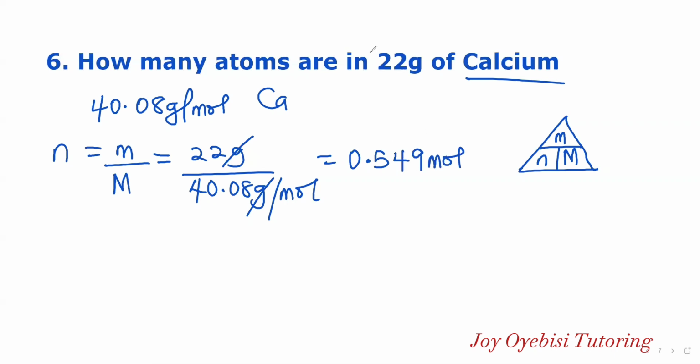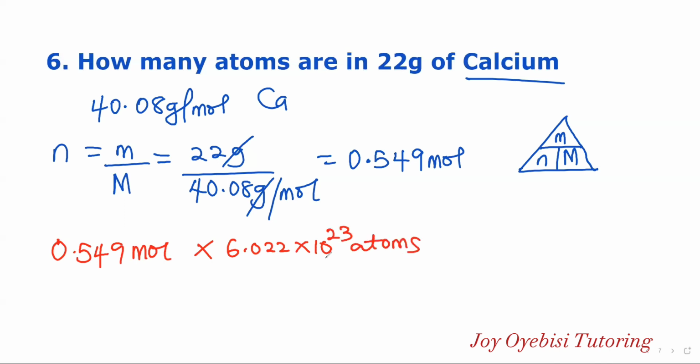Now I have my moles, and I'm going to start with the moles. 0.549 moles. Since I'm looking for atoms, I'm going to multiply this by Avogadro's number, 6.022 times 10 raised to the power of 23 atoms over 1 mole. This is the case where the atoms, the Avogadro's number, stays on top.